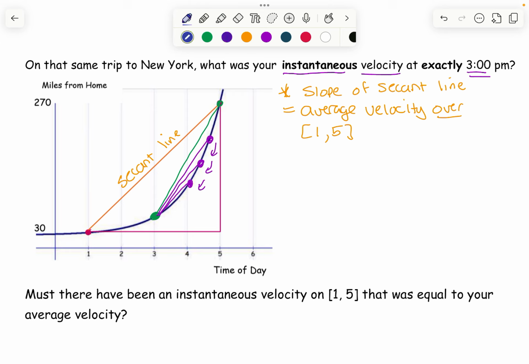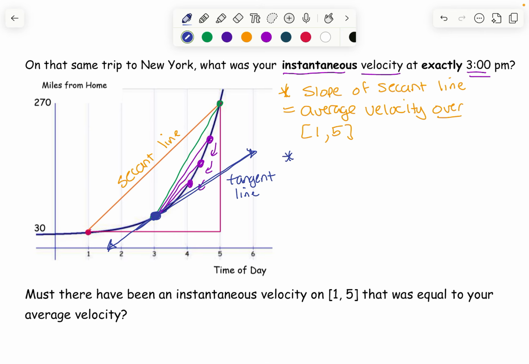Okay, so gradually the slopes approach this. This is called a tangent line. A tangent line, again, kind of touches the graph where it is, and it's going in the direction of the graph.